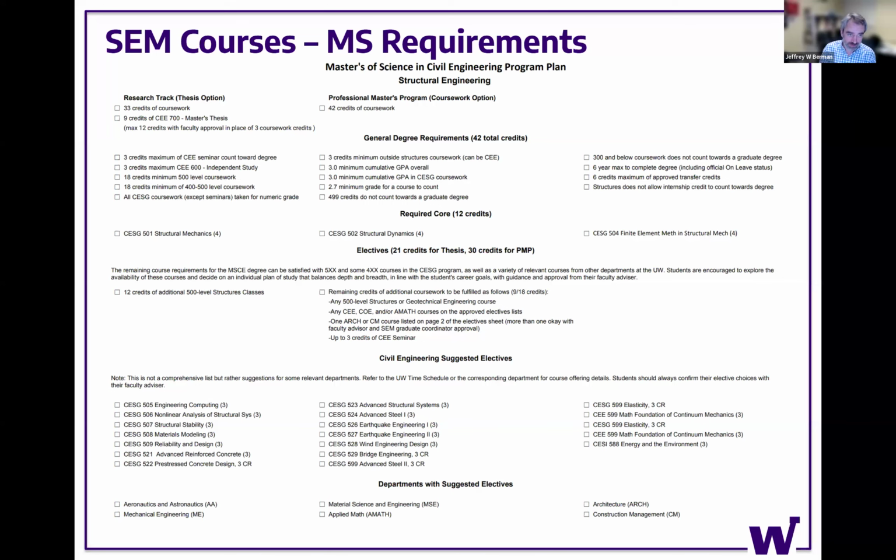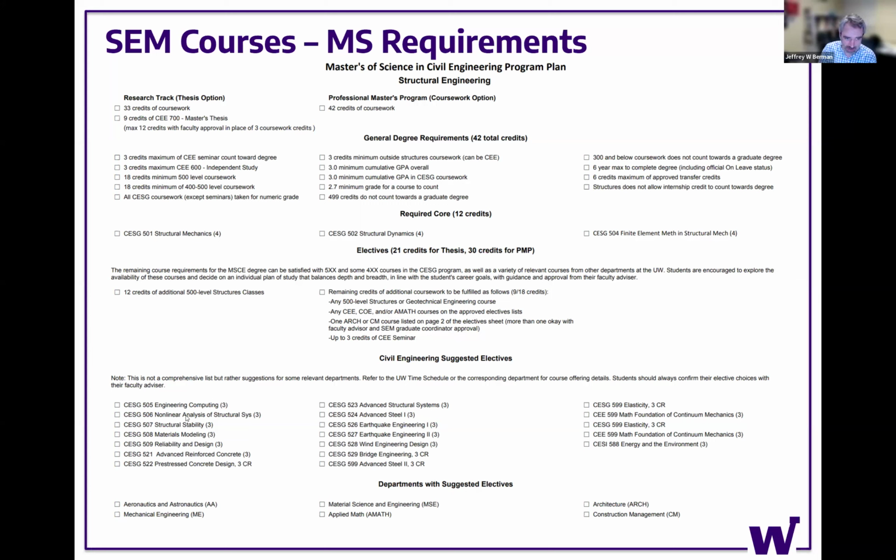We require, for both programs, 12 additional credits, and most of the other courses are 3-credit classes. So that's about 4 additional courses that are required from the list of 500-level structural engineering classes. And those are listed below.